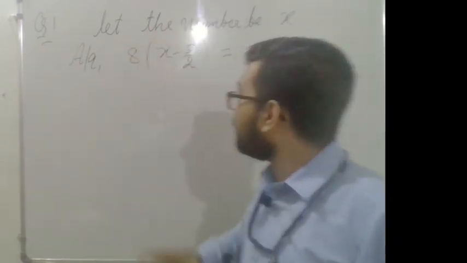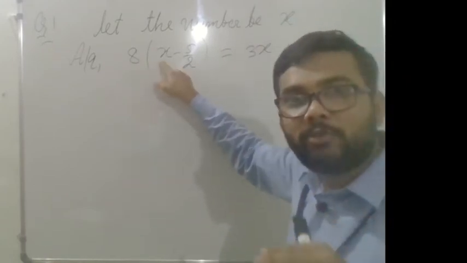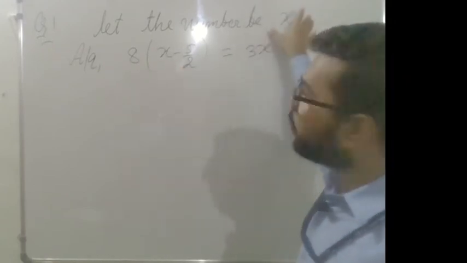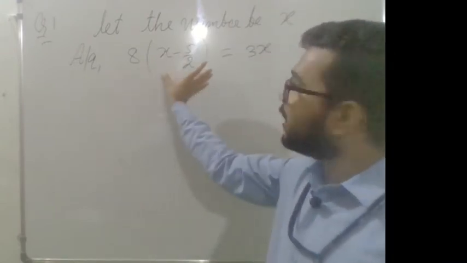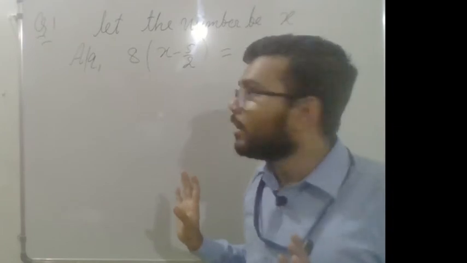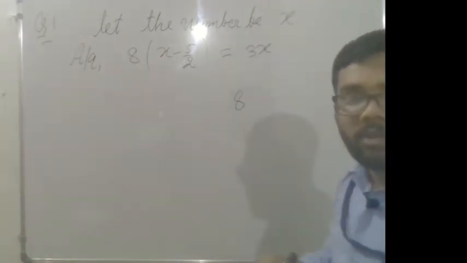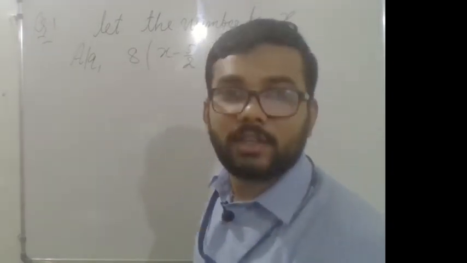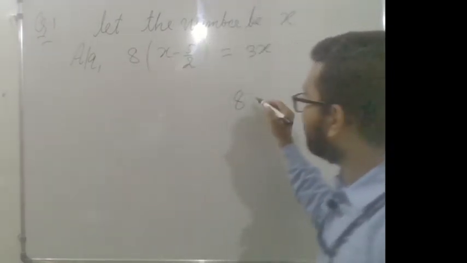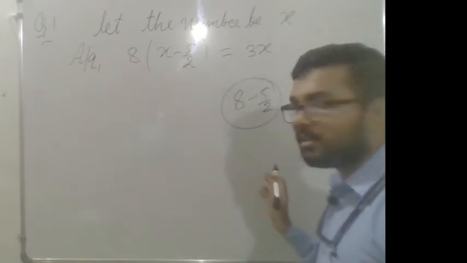Now according to the question, when she subtracts 5 by 2 from it, you will get x minus 5 by 2. Suppose she thinks a number a, then a minus 5 by 2, you will write like this.